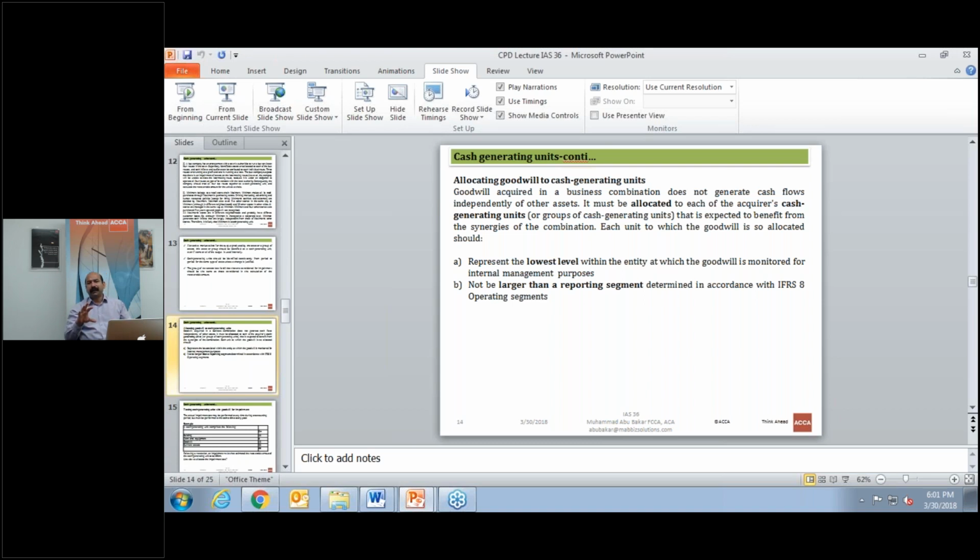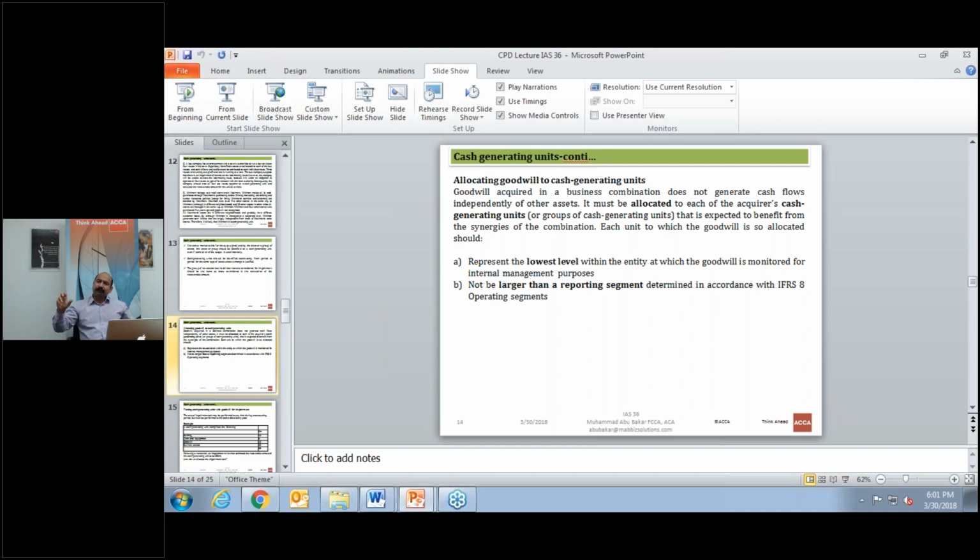For example, there are indications of impairment of an asset which is being kept at revaluation. So you will simply calculate its recoverable amount. Recoverable amount will be the higher of value in use and fair value less cost of disposal.